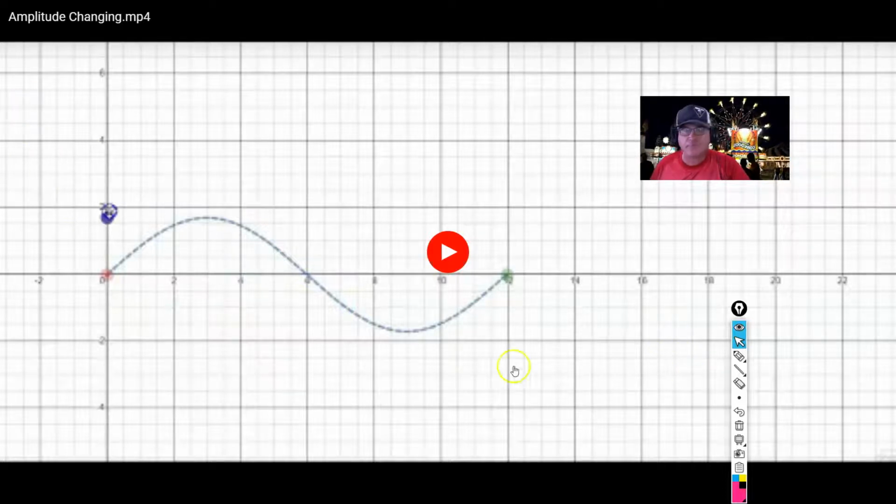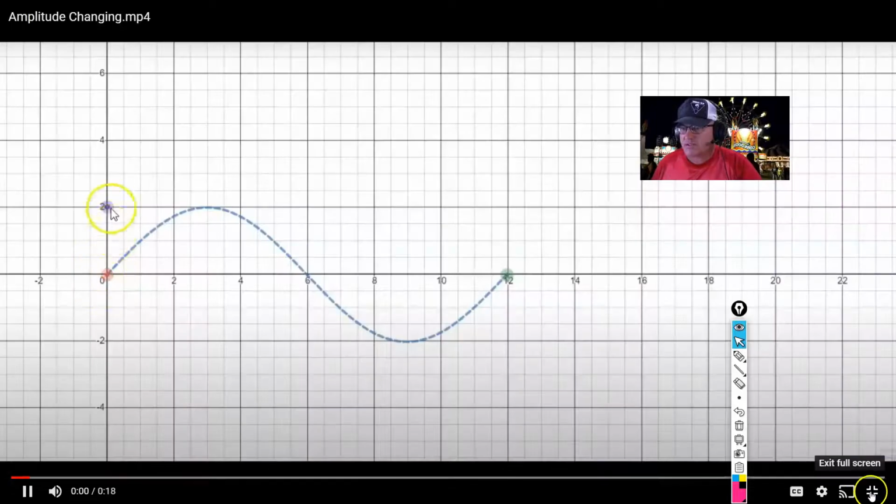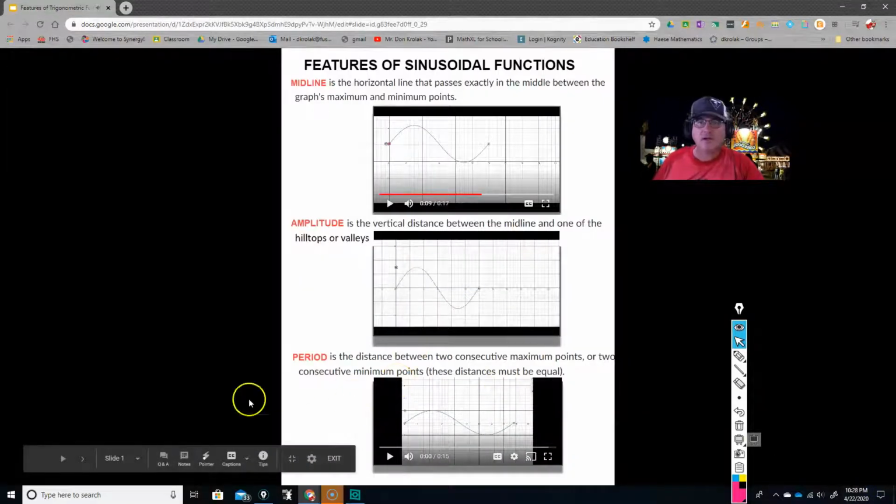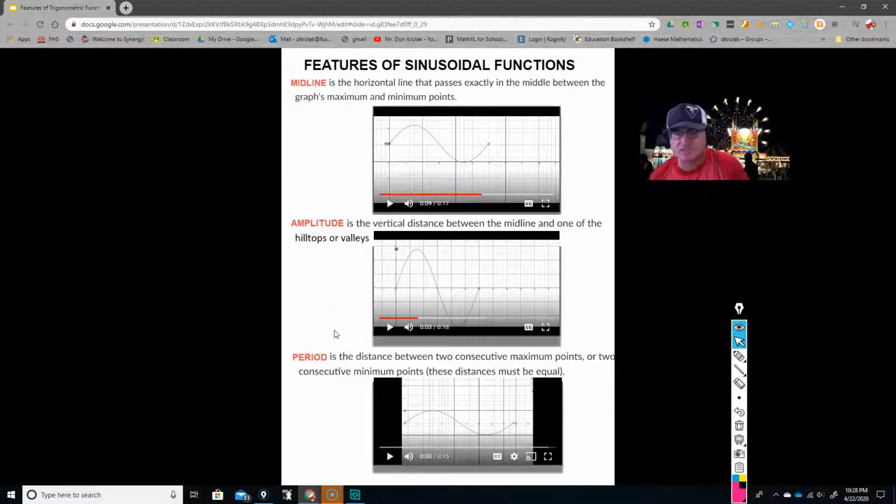The last characteristic that you looked at was the period. The period is the distance between two consecutive hilltops or two consecutive low points, valleys, minimum points.